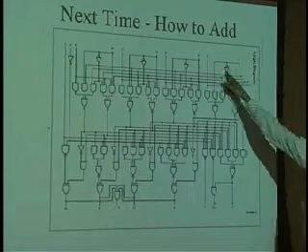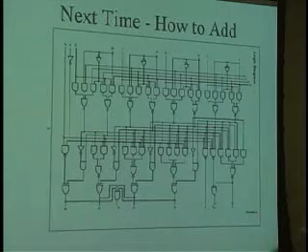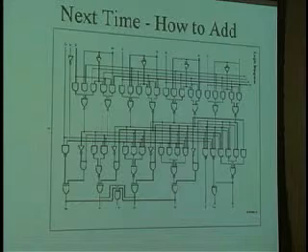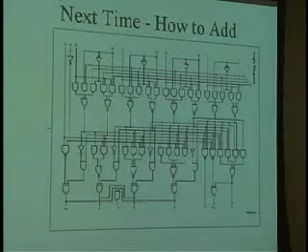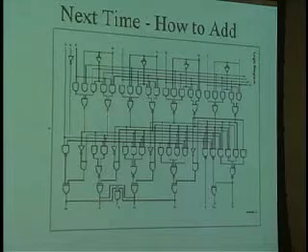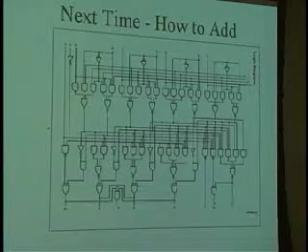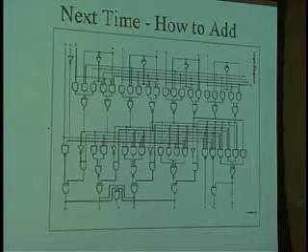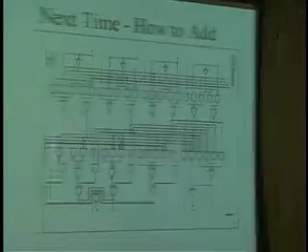And these are NOTs up here. And we're going to talk about how you can look at a picture like this, and by the end of the class, you will understand exactly how this thing works. Okay? And you'll be able to tell your friends just how it works. And this is a 4-bit one, but it works the same way no matter how many bits you are trying to do. So that's going to be the lecture next time.